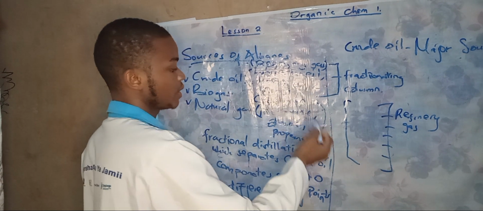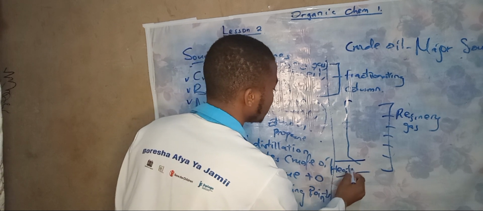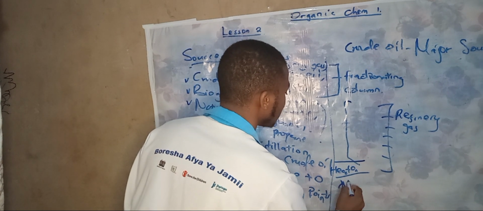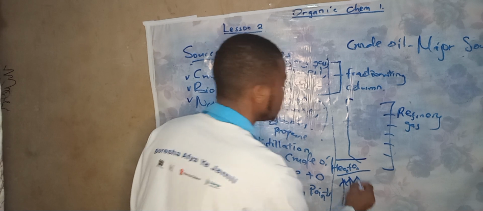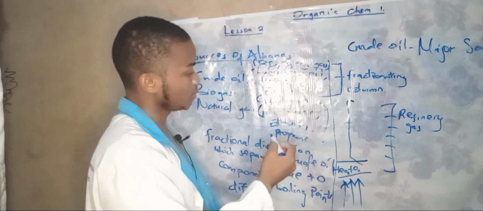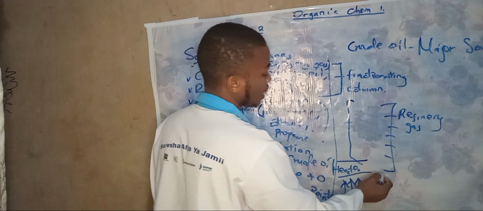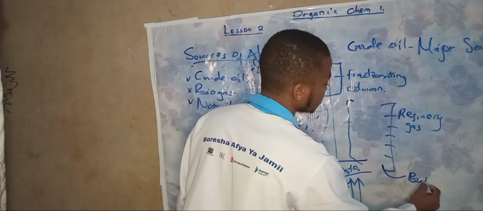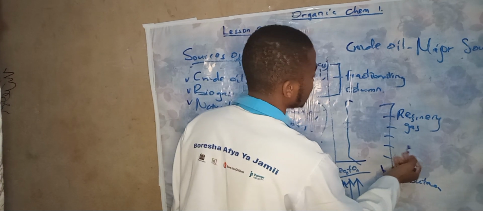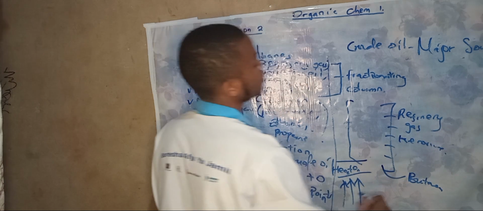And of course, we have identified here we have a heater, very strong heat applied so that they can be able to distill off at different boiling points. We have here bitumen. We also have here kerosene and so on.